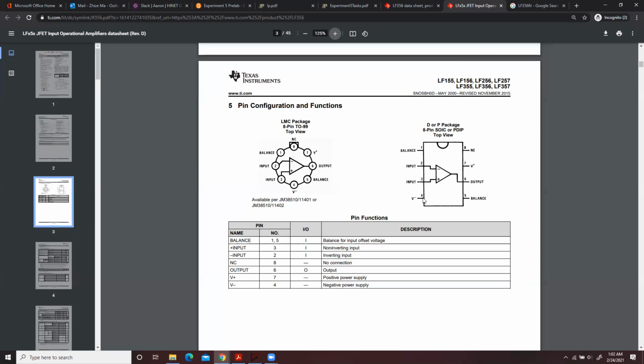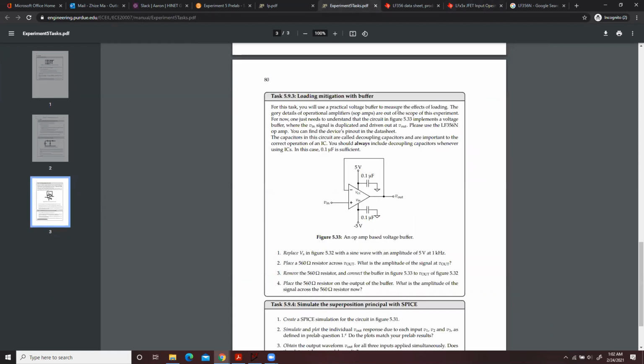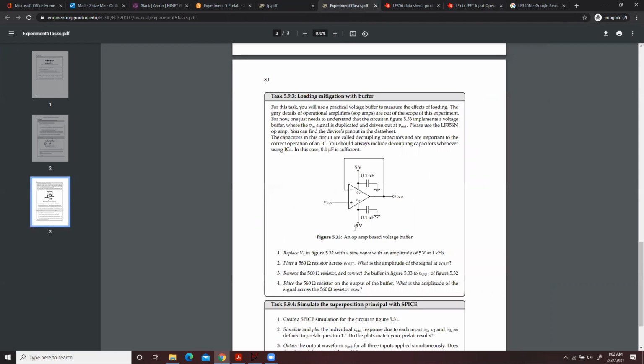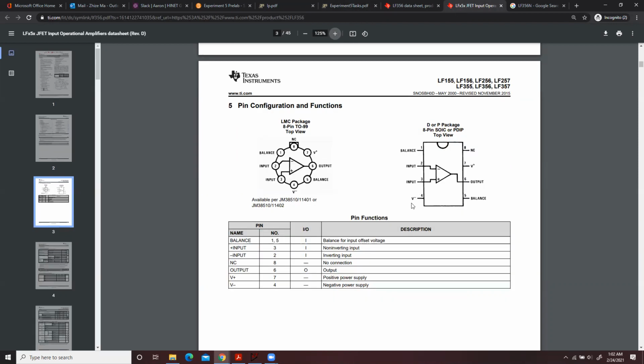One thing you need to do, because many students before made this mistake, is you don't want to flip those two pins. Always apply the positive 5 volts to pin 7 and the negative 5 volts to pin 4.